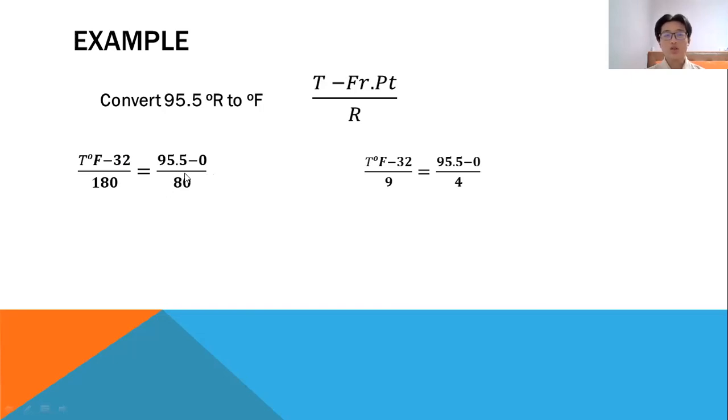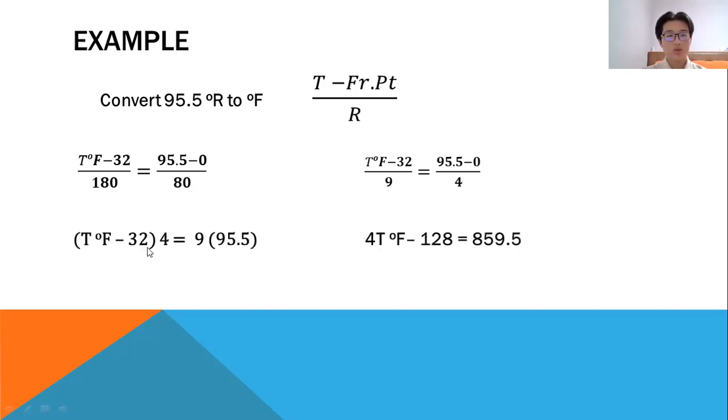Now, if we cross multiply this, the numbers will be very large and it is very hard to count. So notice that I'm going to divide these numbers by 20. 180 divided by 20 equals 9. 80 divided by 20 equals 4. Next, we can cross multiply them like we did just now. So degrees Fahrenheit minus 32 times 4 equals 9 times 95.5.